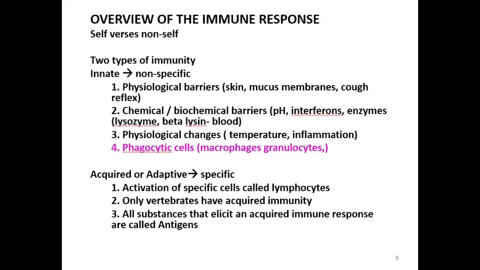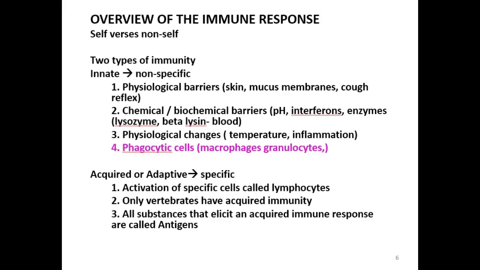Innate immunity is called nonspecific immunity and can be conferred by the things that we just talked about. One, physiological barriers like skin, mucous membranes, cough reflex. Two, chemical barriers like pH in your stomach, interferon proteins, enzymes like lysozyme and beta-lysin. And then three, physiological changes like temperature and inflammation.